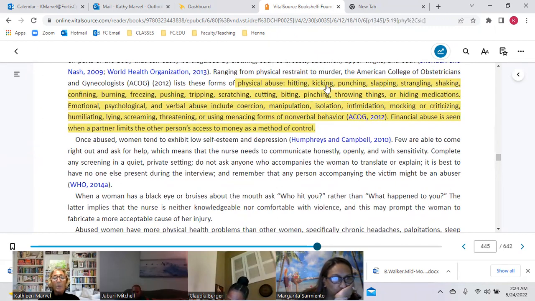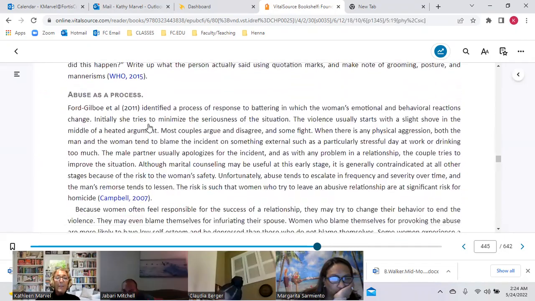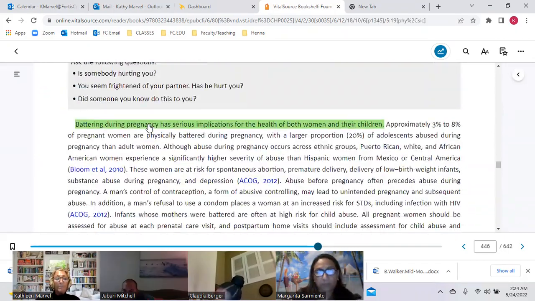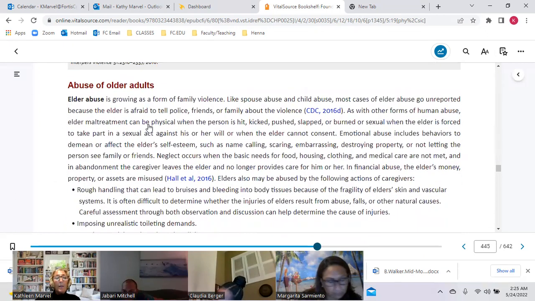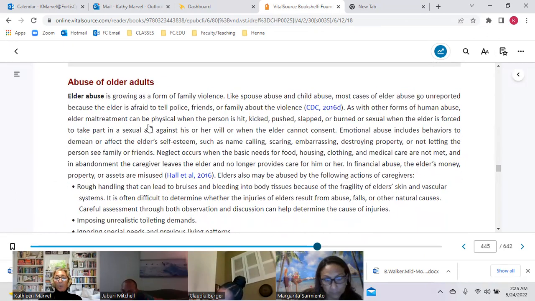We all know these. Physical abuse, how it may present. Emotional abuse, how it may present. Financial abuse. And then elder abuse. That's the last part of this chapter.